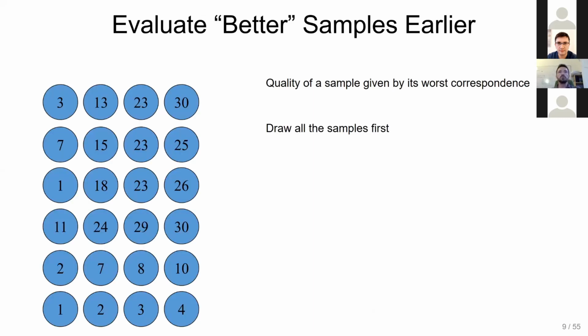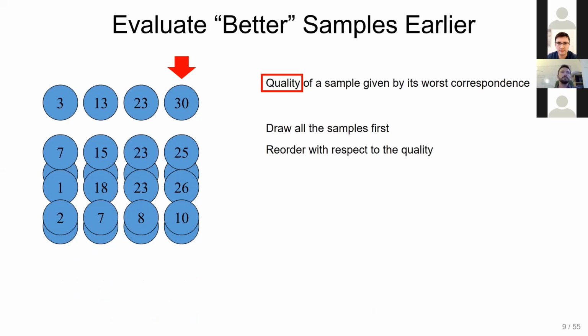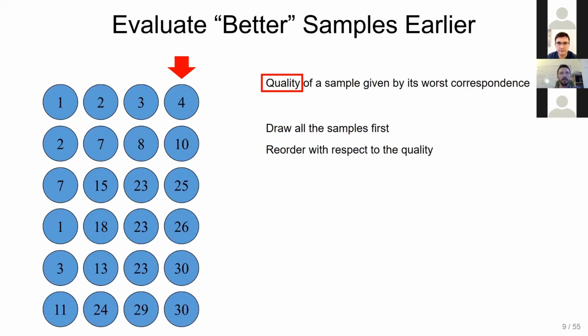You first draw all samples, the maximum number of samples you want to evaluate, and then order those samples by the quality of the sample, so that better samples go first and progressively worse and worse samples follow. And then you just evaluate those samples in this particular order.